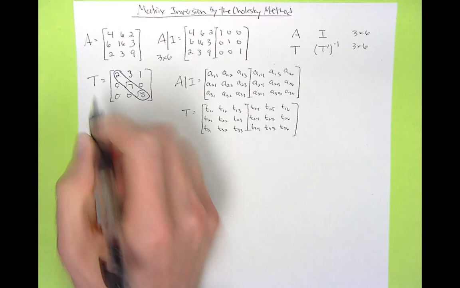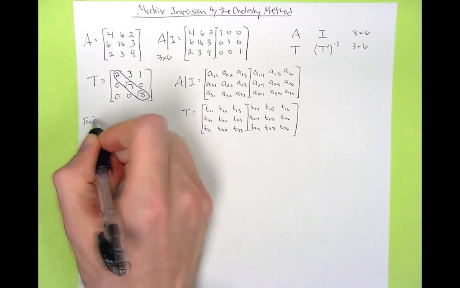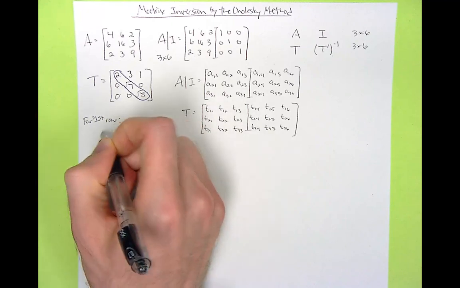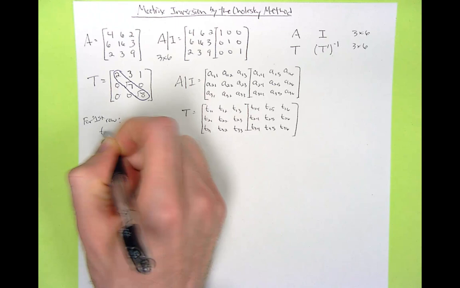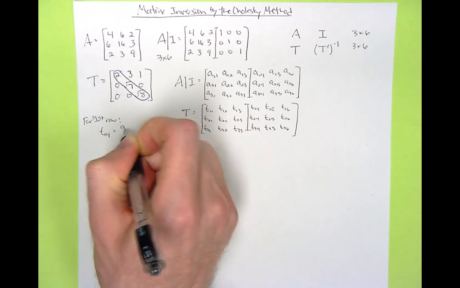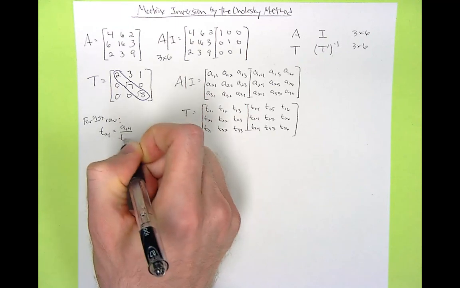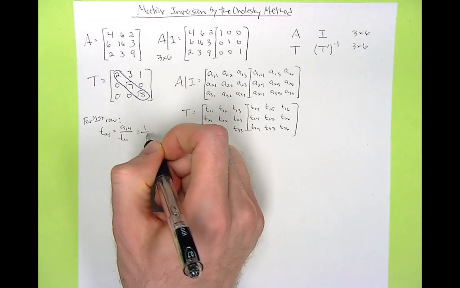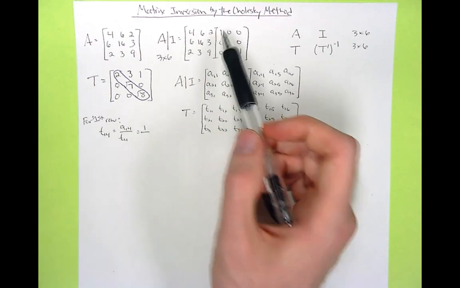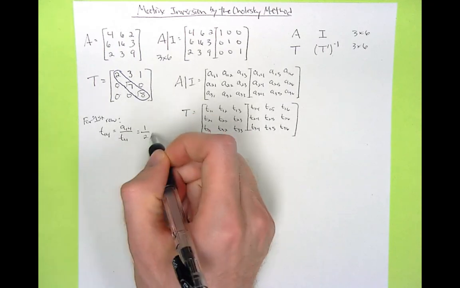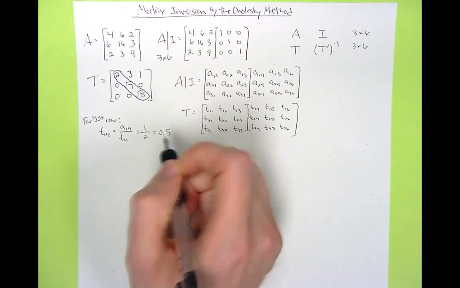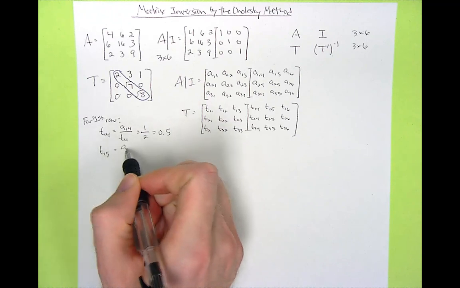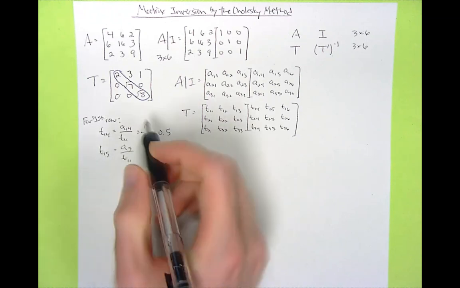So this is for the first row. T14 is going to be equal to A14 over T11, which equals, A14 is 1 over T11 is 2, so 1/2 or 0.5. T15 is going to be equal to A15 over T11.